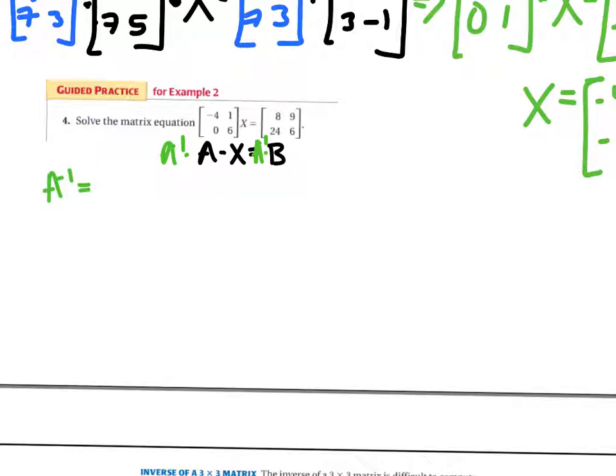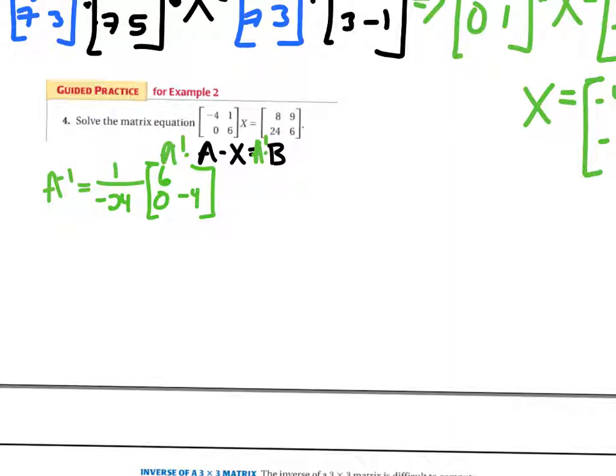So the inverse of matrix A is going to be 1 over the determinant of A, which is -24 minus 0. And so we're going to get just -24. That was quick. Then you switch positions around in your matrix and you switch signs. So the -4 and the 6 switch positions, and the 0 and the 1 change signs.